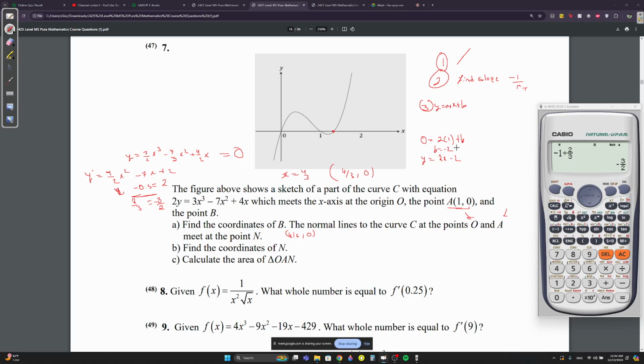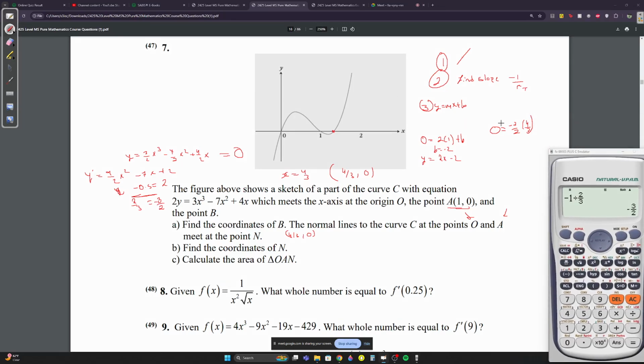The second equation: 0 equals minus 3 over 2 times 4 over 3 plus b, so b equals 2, and y is minus 3 over 2 x plus 2. We equate these two: 2x minus 2 equals minus 3 over 2 x minus 2, so 2x should be 0, and x equals 0.